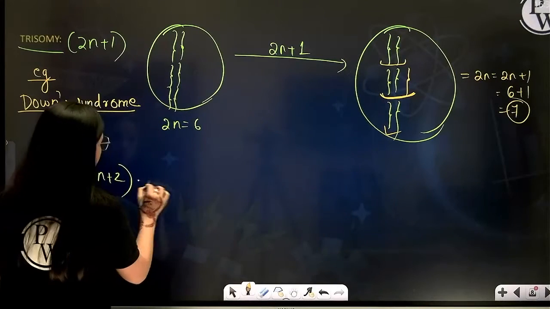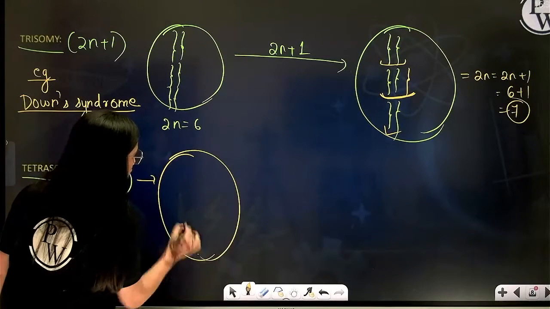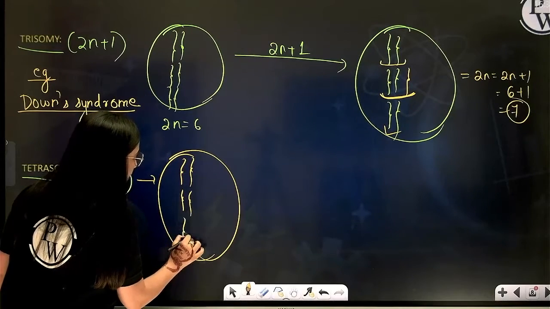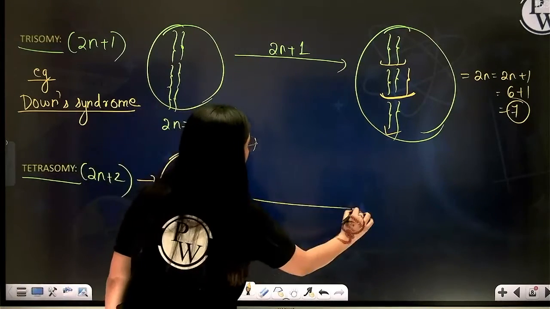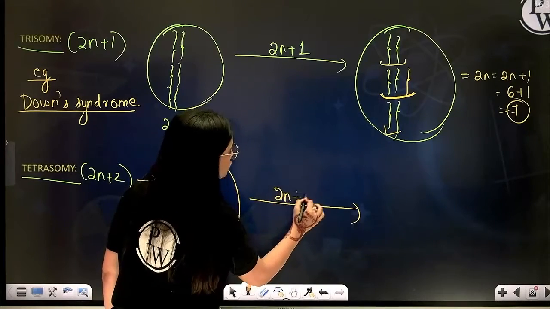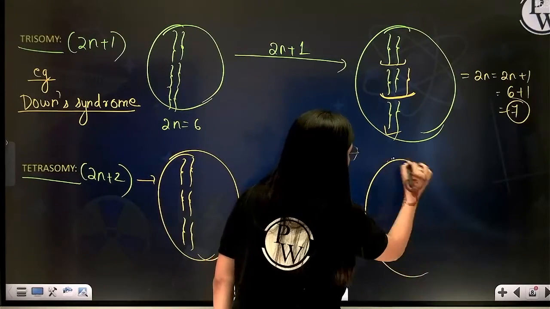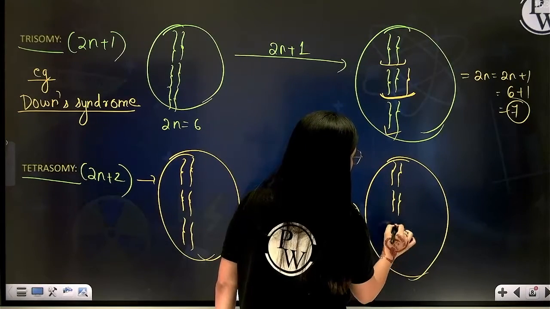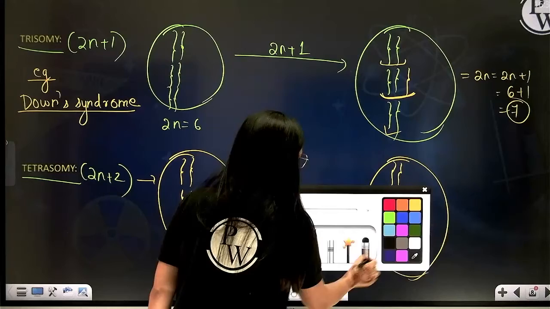Very simple. See, this was the normal condition. 2n is equal to 6. 3 pair, 2 complete set. Now, what will happen in case of tetrasomy? I hope you all can tell me very easily. Now, tell me what will happen.